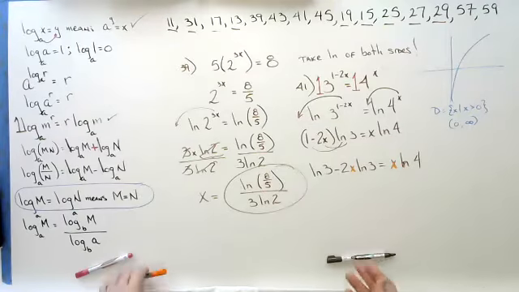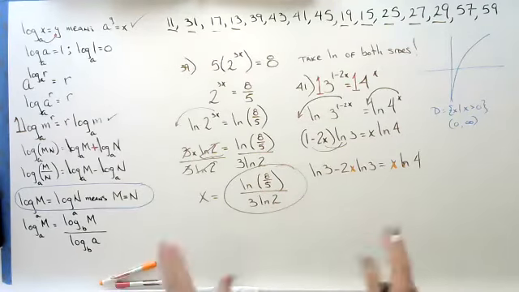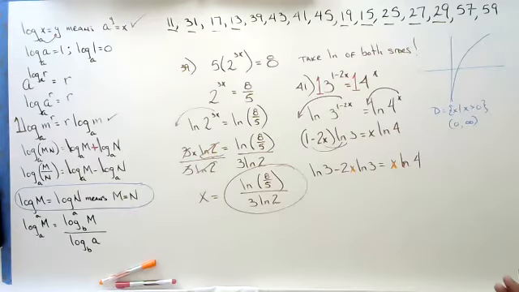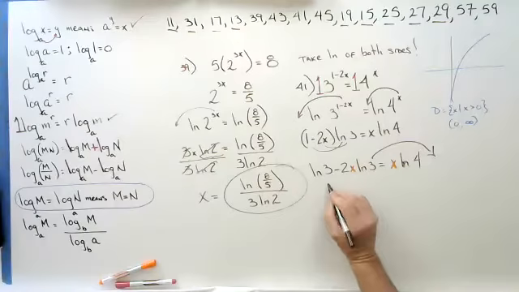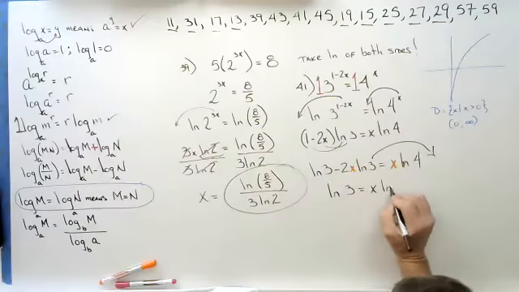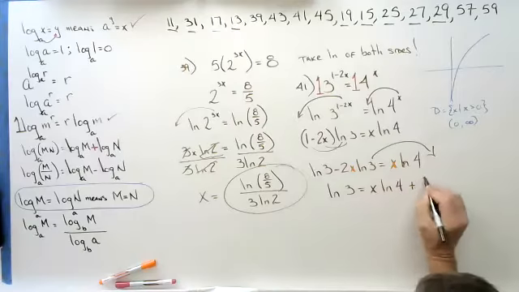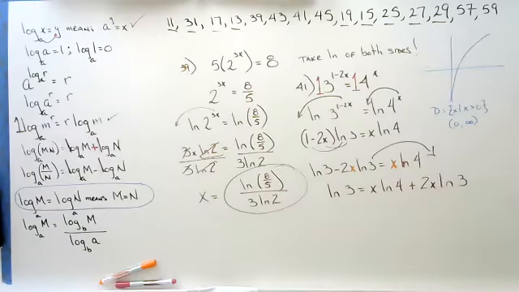"Mr. Rennie, that's very scary looking." I agree, that is very scary looking. But you can do the arithmetic. You can do this. You can move this over here. It becomes positive. You can do that. It's scary looking, I got you on that, man. But you can do it.